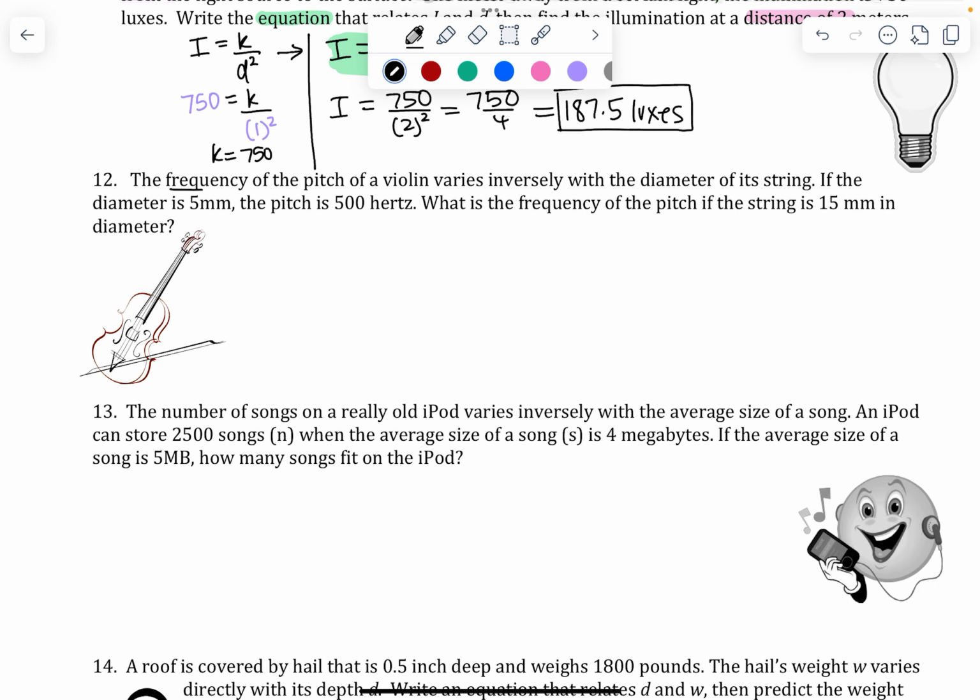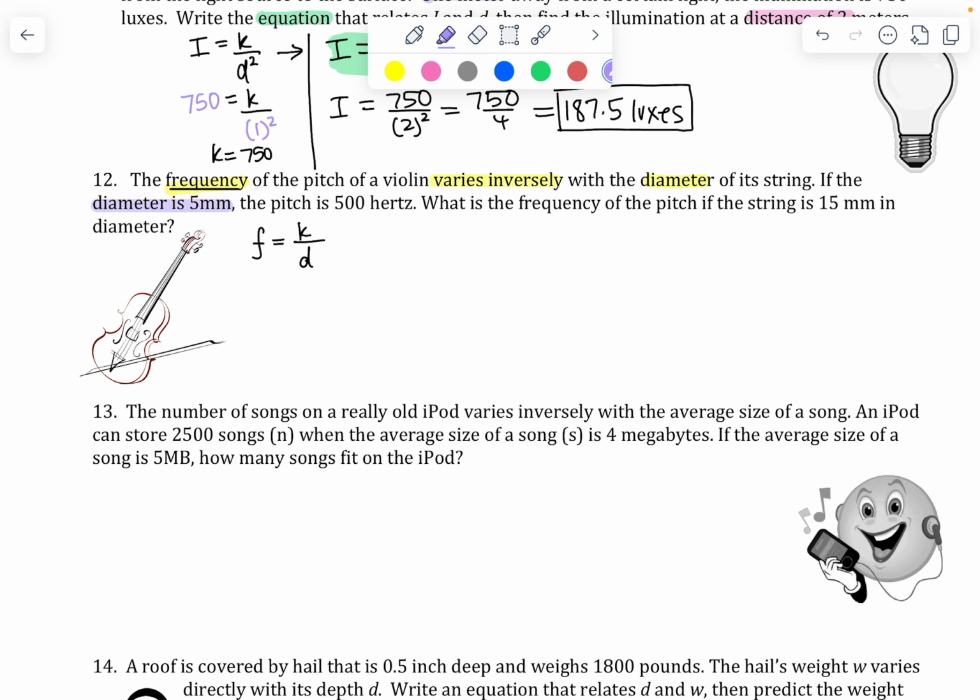Okay, here the frequency of the pitch of a violin varies inversely with the diameter of its string. So frequency varies inversely with diameter.